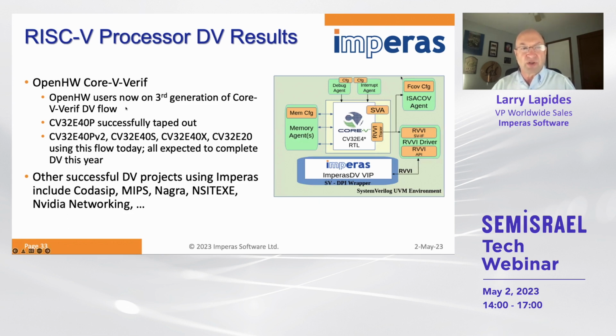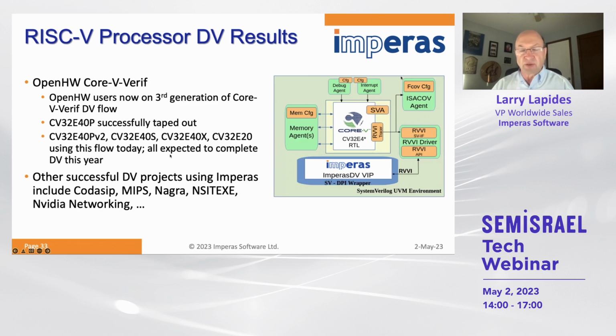So the OpenHW users are now on the third generation of the CORE-V-VERIF DV flow. The CV32E40P has been successfully taped out, actually in a number of SoCs. And then there are four processors: the CV32E40P v2, the E40S, E40X, and the E20. So four that are all using this flow today.